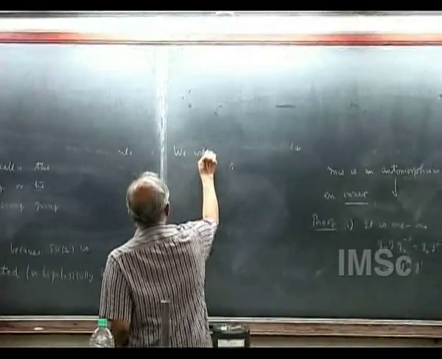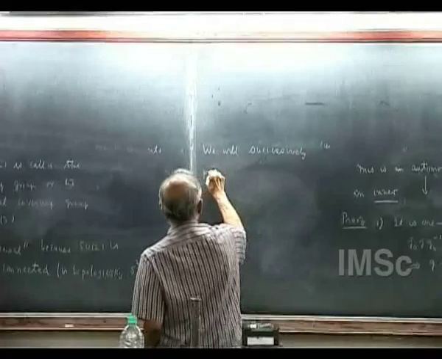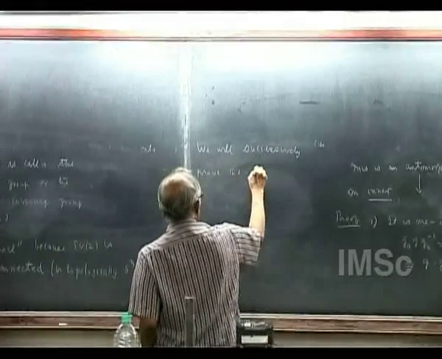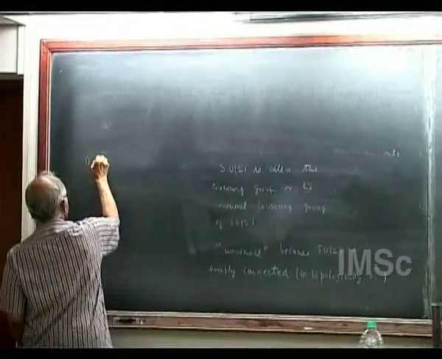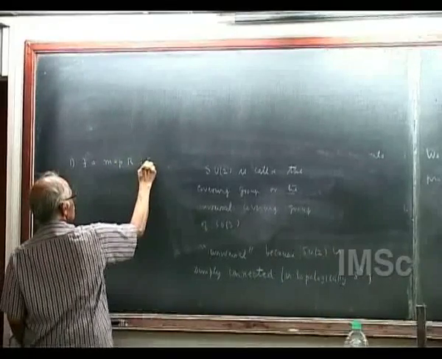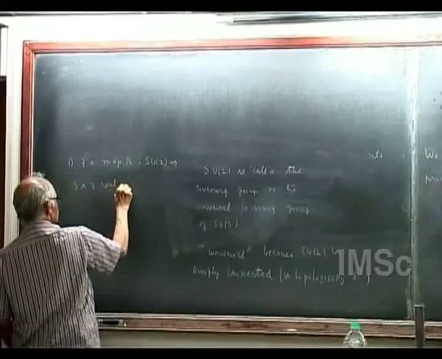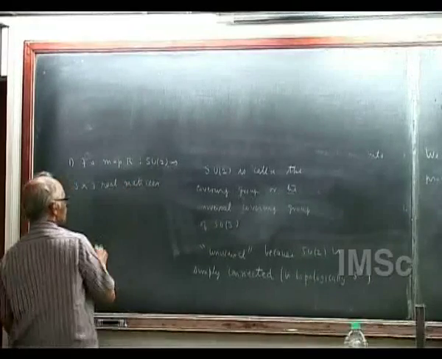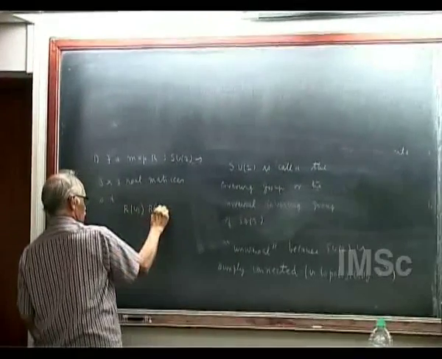So what I will prove is the following. There exists a map R from SU2 to 3 by 3 real matrices such that R of U1 times R of U2 is R of U1 U2.